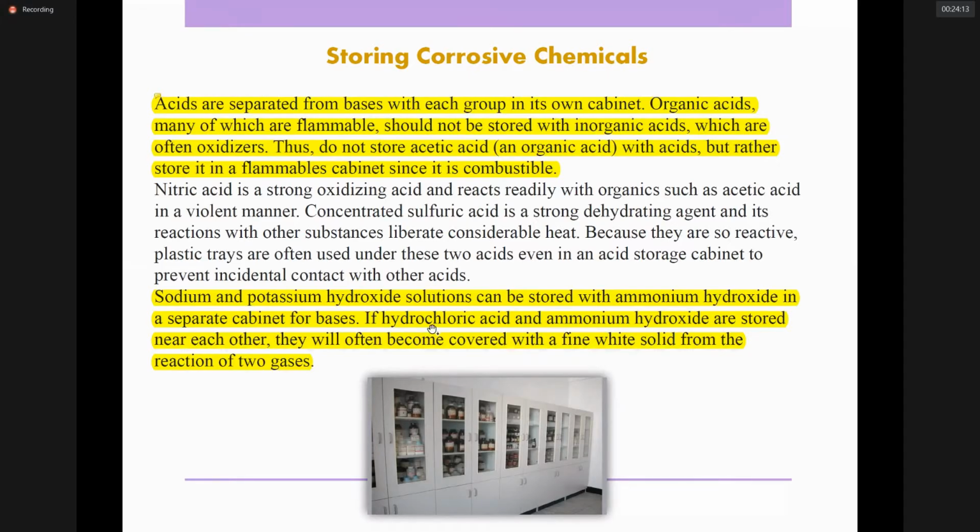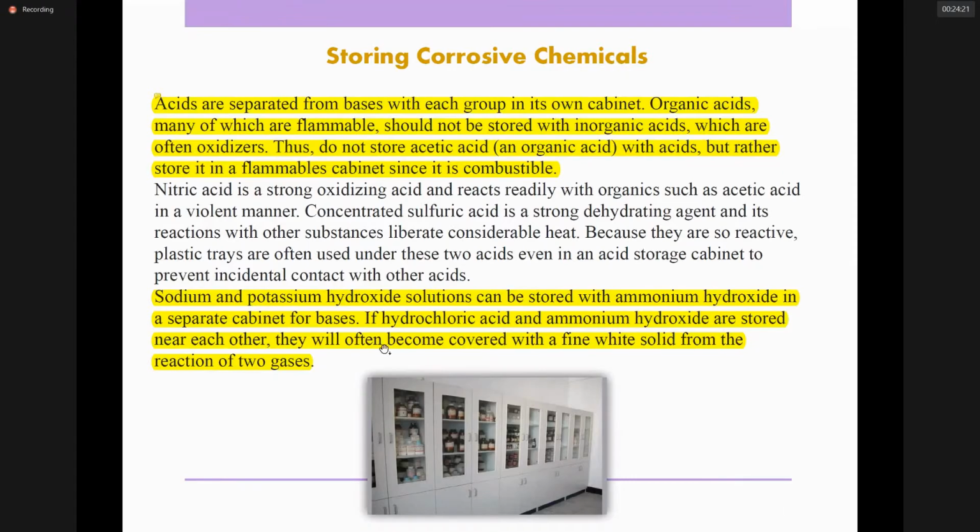If hydrochloric acid and ammonium hydroxide are stored near each other, they will often be covered with a fine white solid, from the reaction of the two gases.